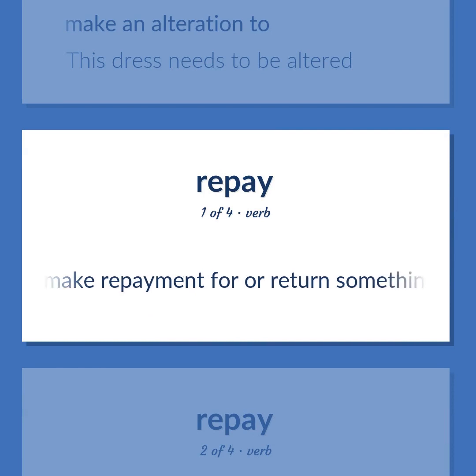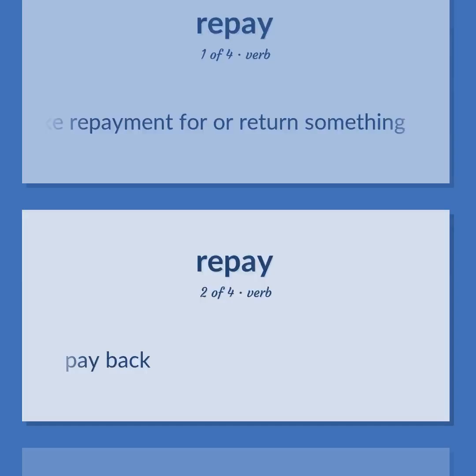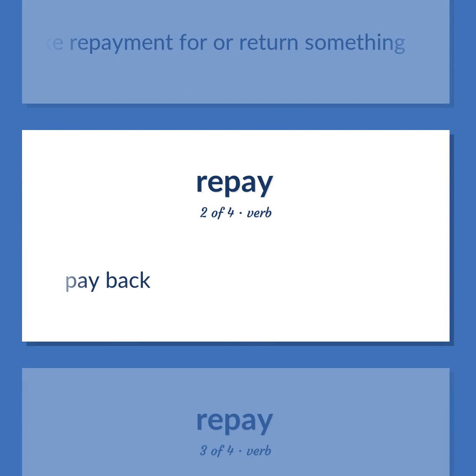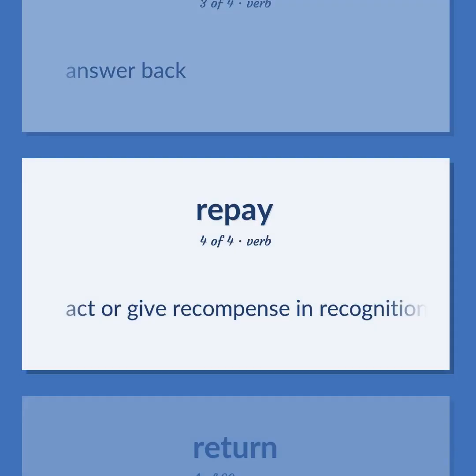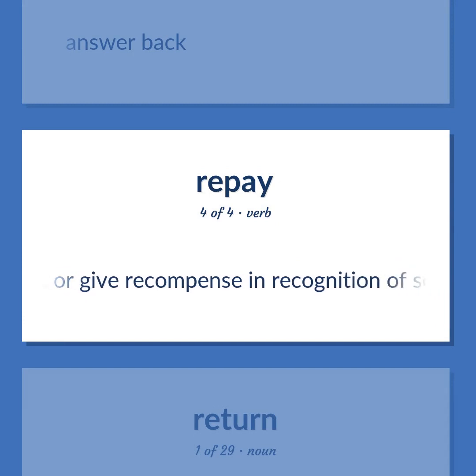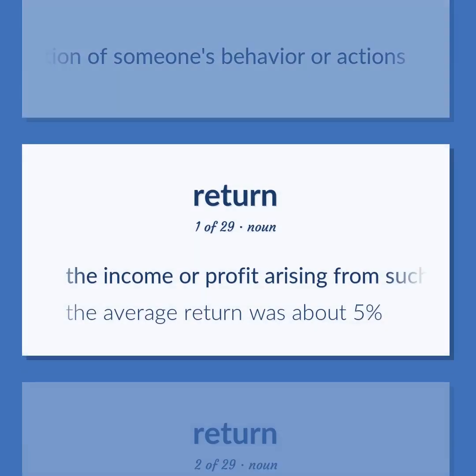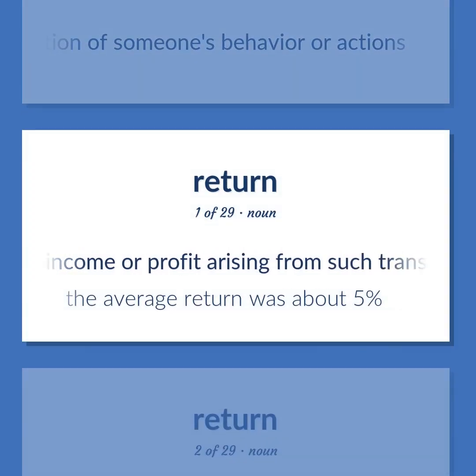Make repayment for or return something. Pay back. Answer back. Act or give recompense in recognition of someone's behavior or actions. The income or profit arising from such transactions as the sale of land or other property.